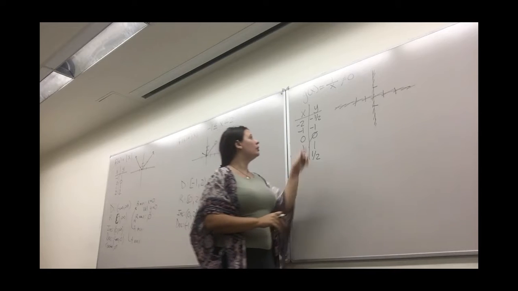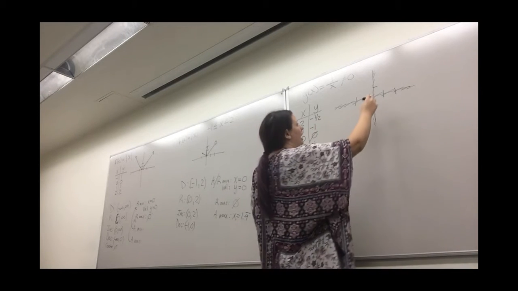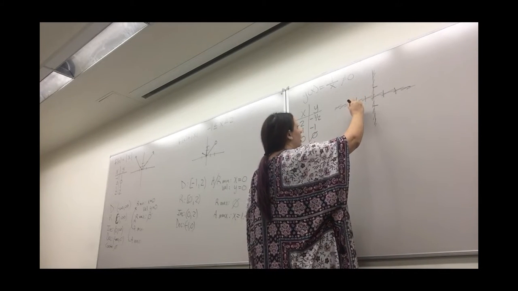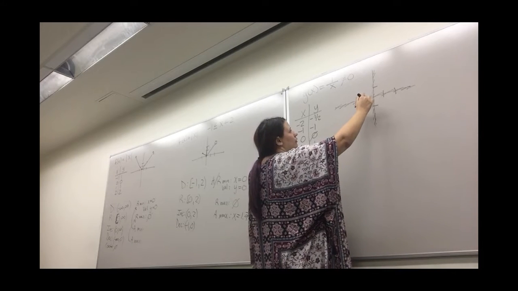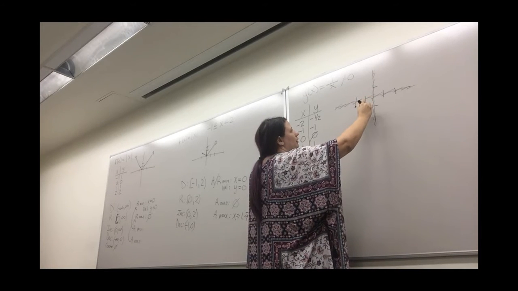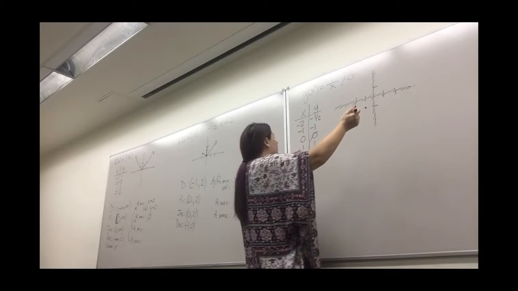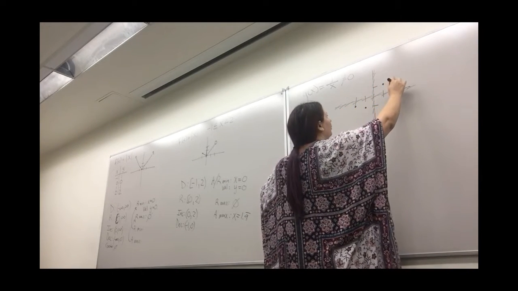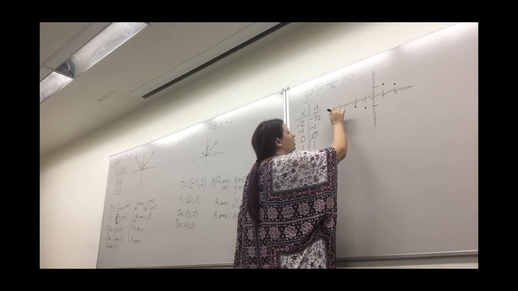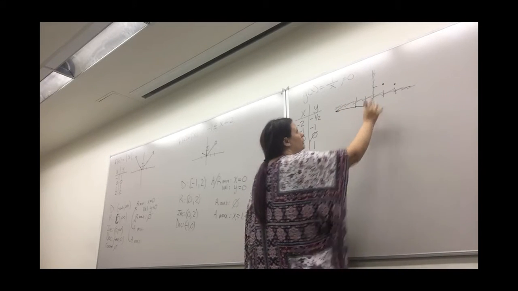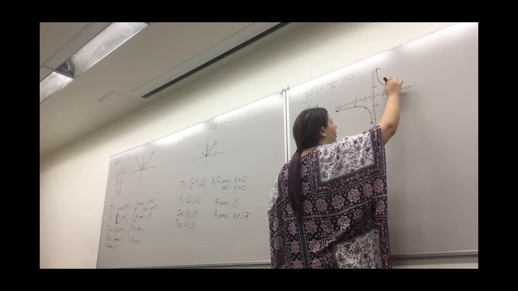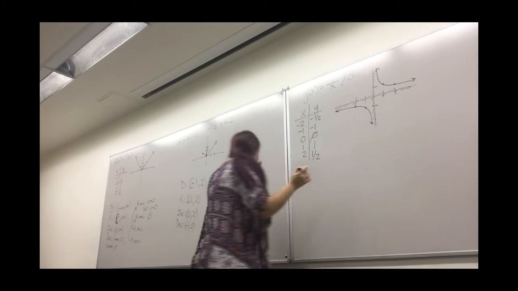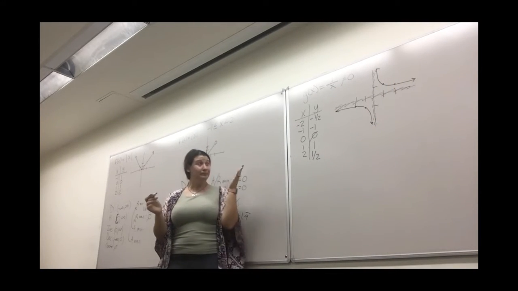So then we have -2, -1/2, so about there. -1, -1. 0 we can't do. 1, 1. 2, 1/2. So our function looks like this.